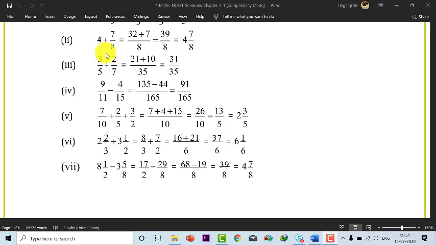So from that, the 7 we multiply with this numerator, 3 7s are 21 and these 2 5s are 10. So the sum of these two numerators is 31. So the denominator LCM you got now is 35, you can write in the denominator place. So 31 by 35.